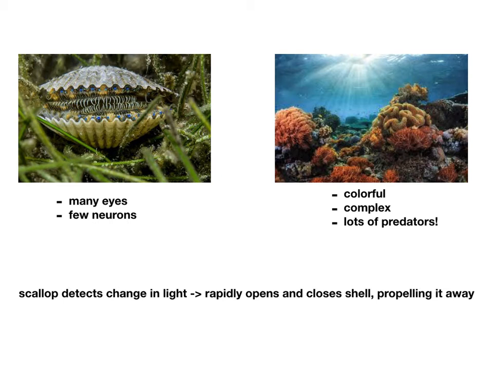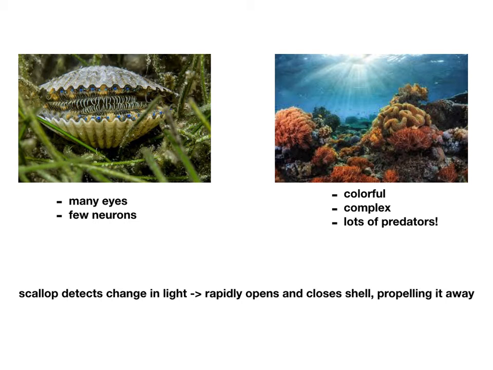They have many, many eyes. You can see them just barely, the blue dots all over the inside of that shell. And they have very, very few neurons. Precious few neurons. And they live in this big, beautiful, complex environment. A coral type seabeds. They love those. They're colorful. They're complex. There's lots of predators floating around.